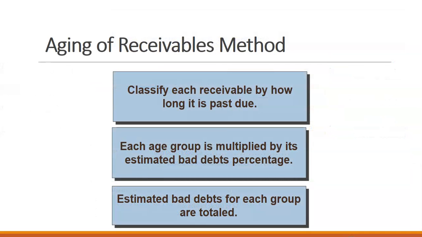The next method that we look at is called the aging of receivables method. The aging of receivables method shows that as a receivable gets older, the chances of it being collected become more and more unlikely. So we have age groups for our bad debts.